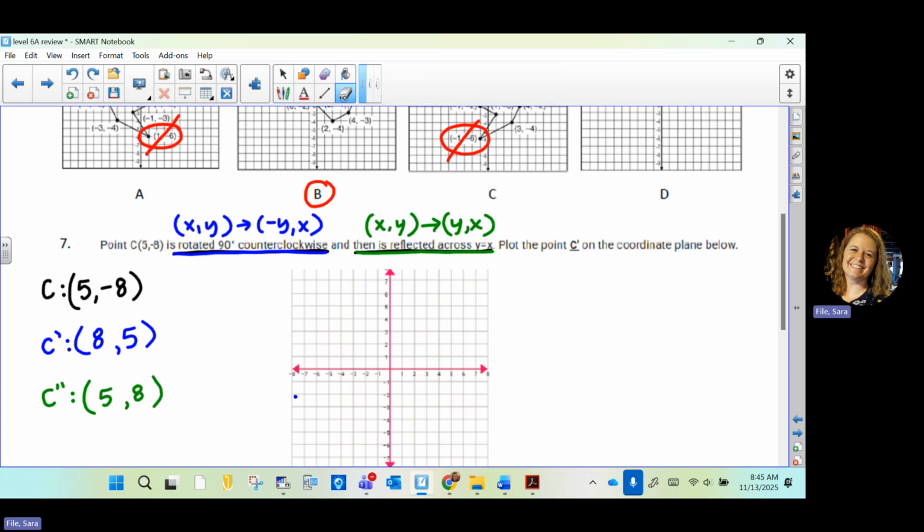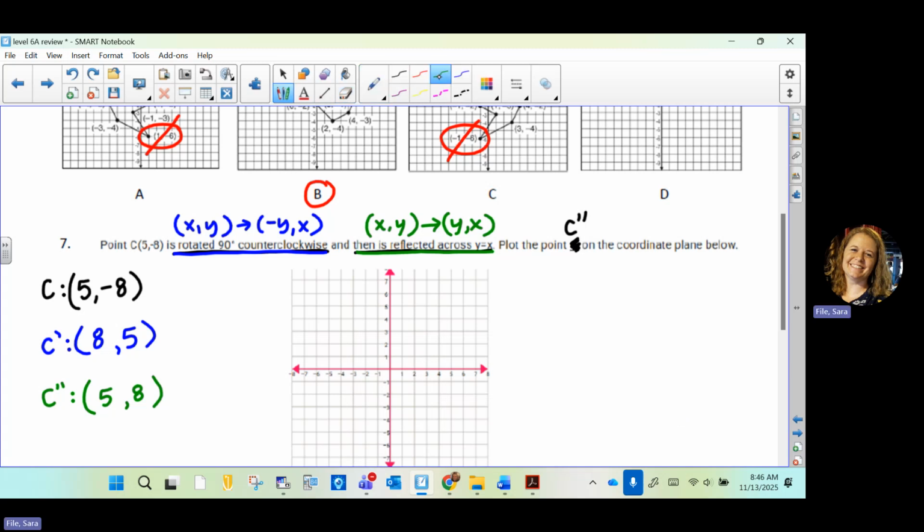And then my question doesn't ask for the ordered pair. It asks you to plot the point. And that is a typo up here because that does say C prime. That should say C double prime. It wants the final location after both.